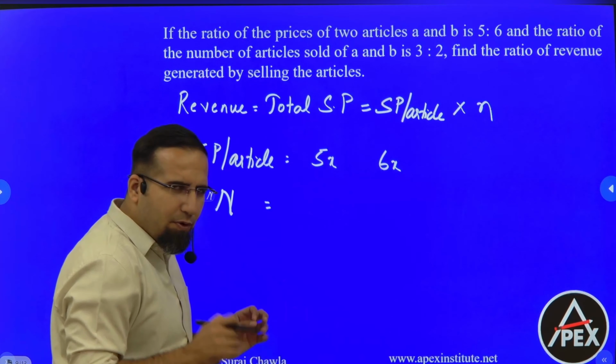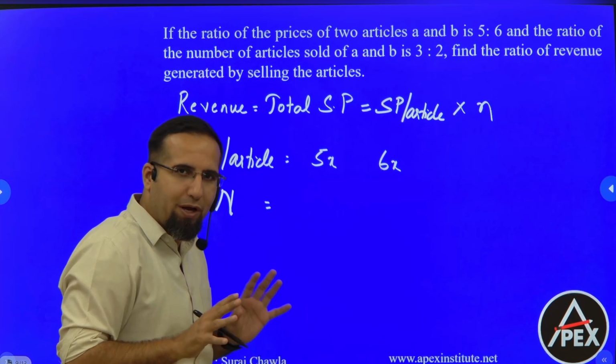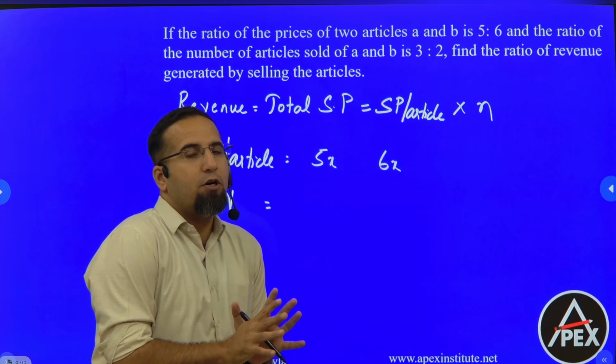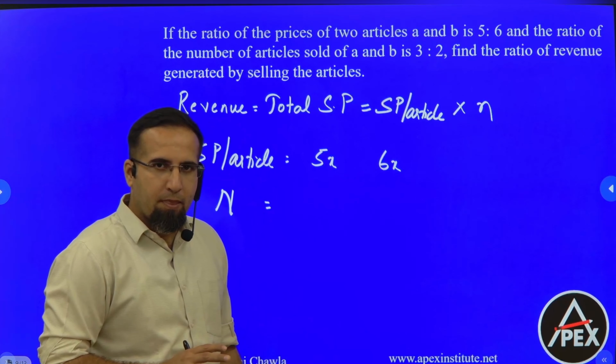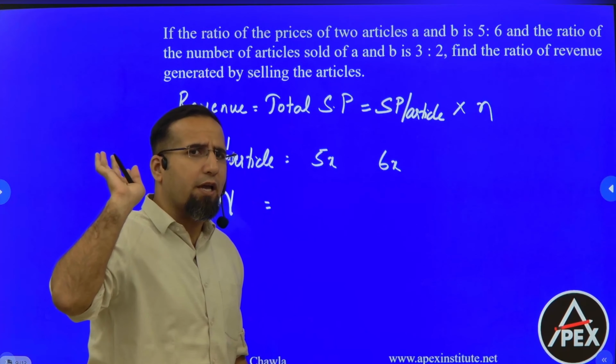Clear? Now remember, whenever you have two ratios in the same question and there is no common term, then the number of variables used should also be different variables. अगर two ratios है तो two variables ही आएगा. ठीक है?